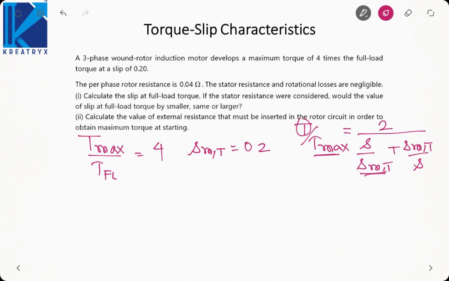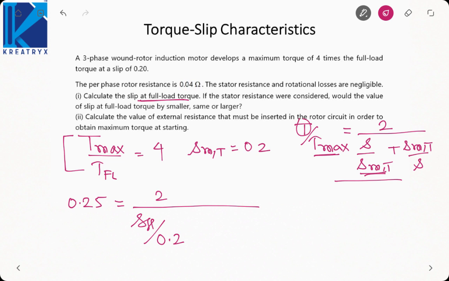First we need to find the slip at full load torque. This I can do directly. T by T max is equal to 0.25, because this is the inverse ratio. 2 upon, we do not know the full load slip, but we know the slip for maximum torque. This will give us a quadratic equation. It is equal to 8.